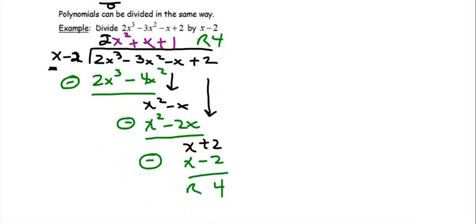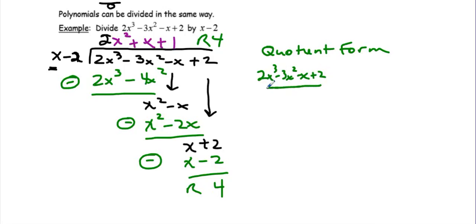Okay, so let's do quotient form first. So really quotient form is really the question, which is, all right, what is 2x cubed minus 3x squared minus x plus 2 divided by x minus 2? That's the question.